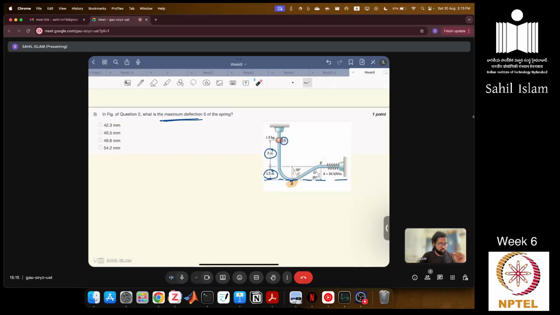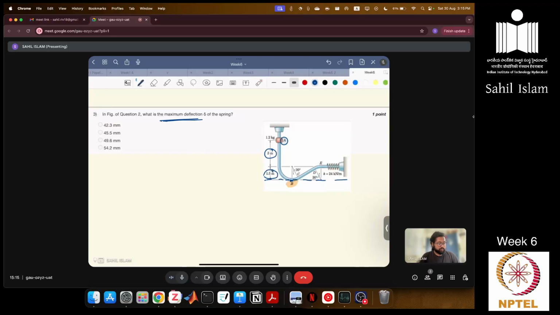Now, due to the conservation of energy, whatever energy it starts with from here, the total energy should be the same till this point, and if it compresses, it will compress with the same energy.